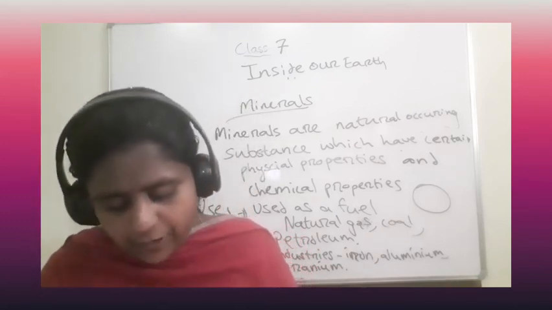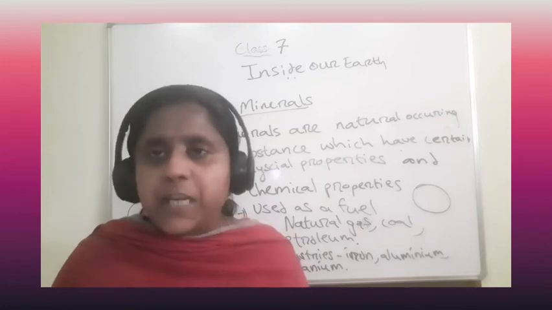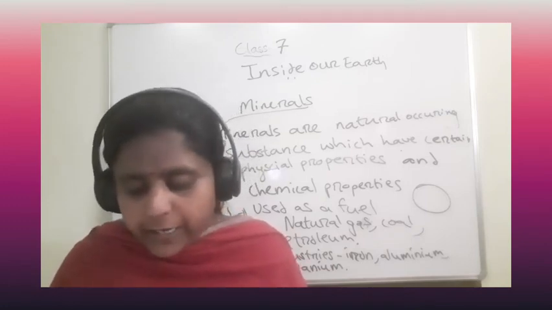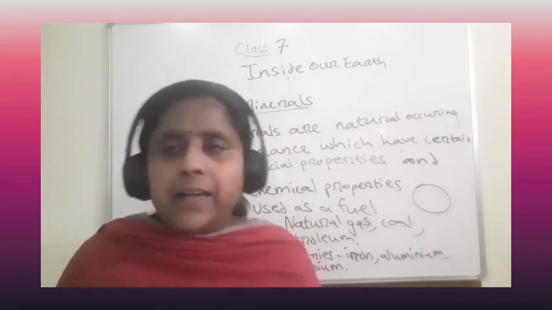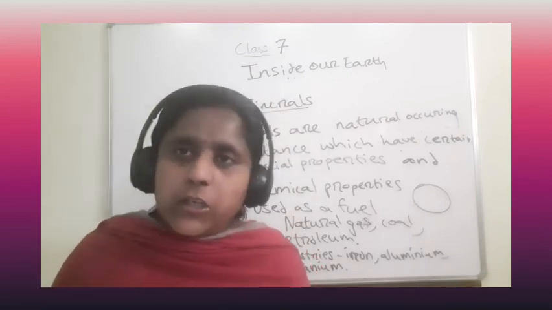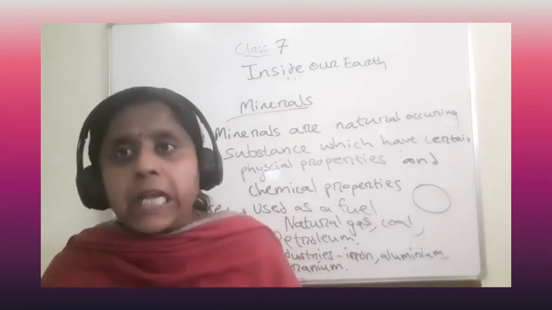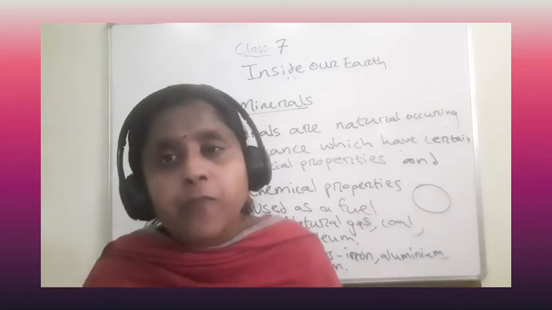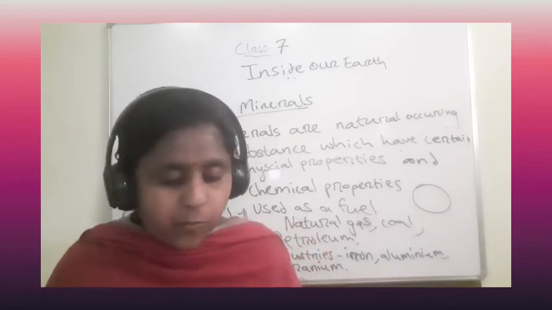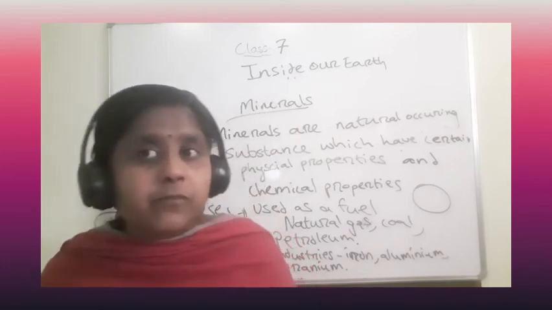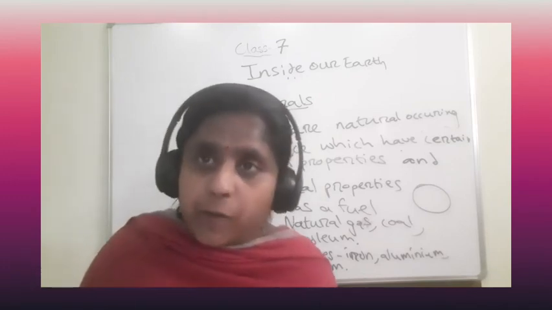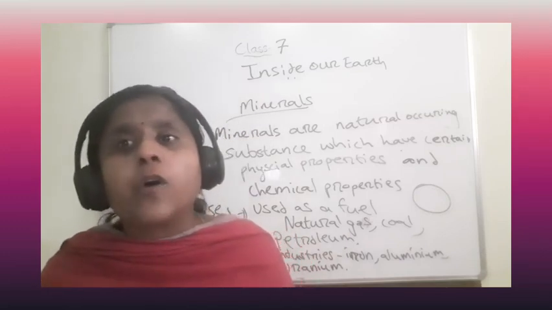What are metamorphic rocks? Due to heat and pressure, children, igneous and sedimentary rocks change into metamorphic rock. Metamorphic comes from the Greek word metamorphosis, which means change of form.